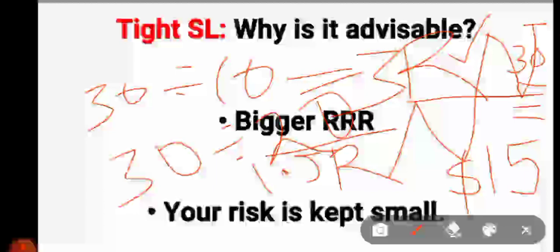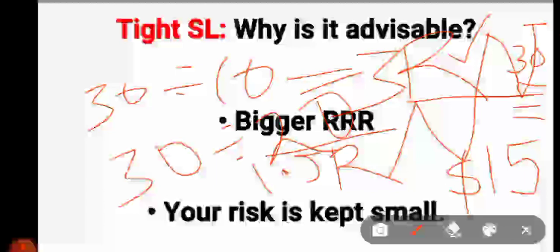And the second thing is that your risk is kept small. If we use the same lot size, let's say they are all beginners and he uses 0.01 lot, that is a micro lot. So what would his risk be here?